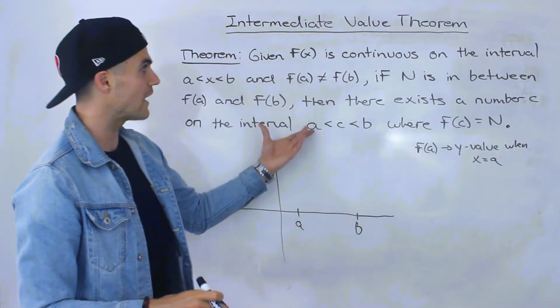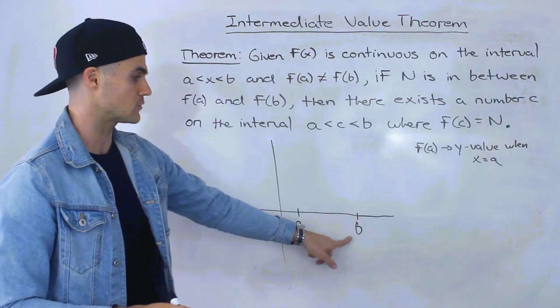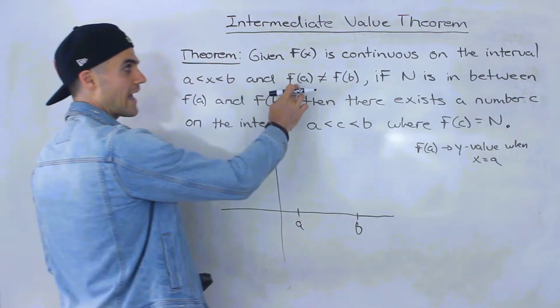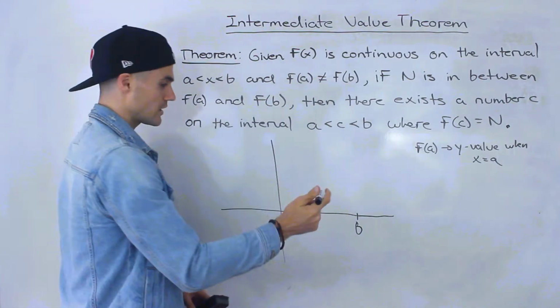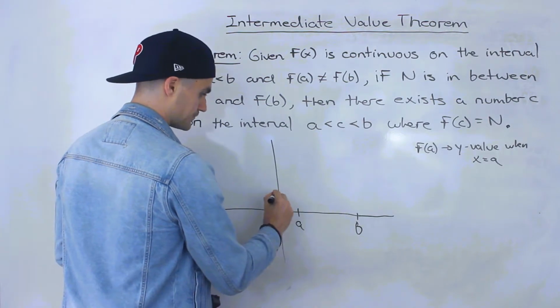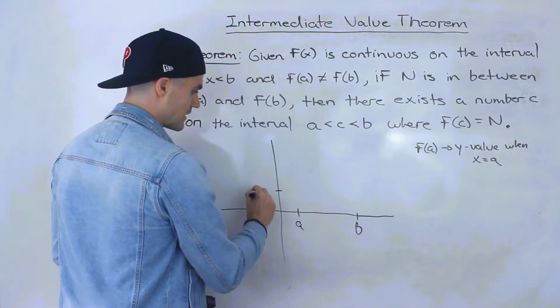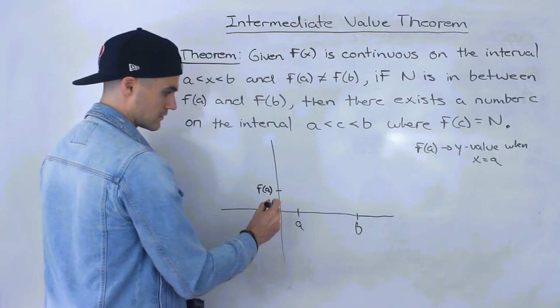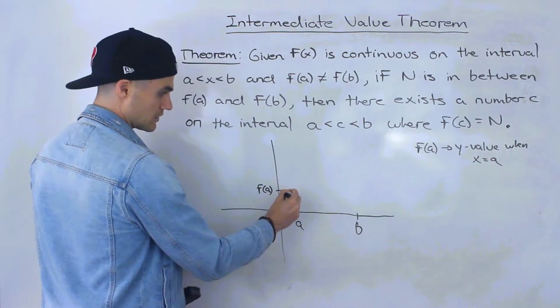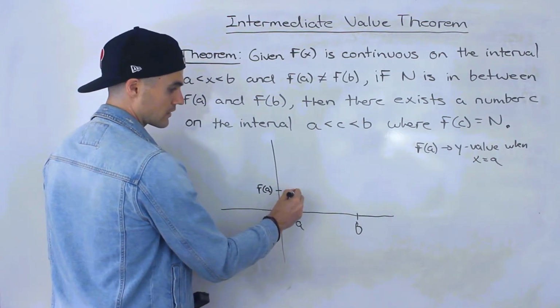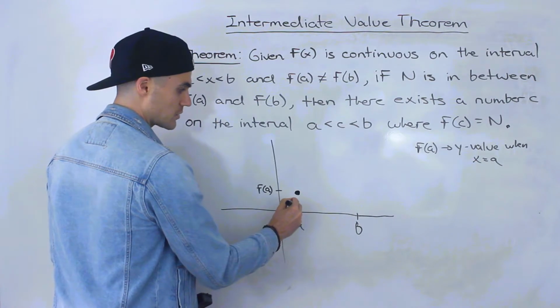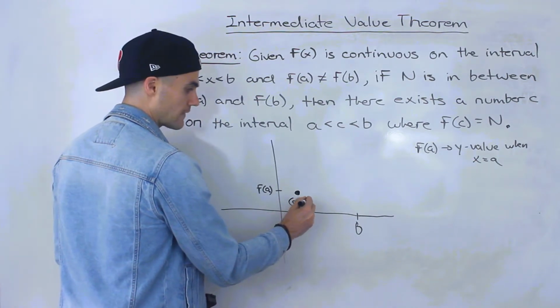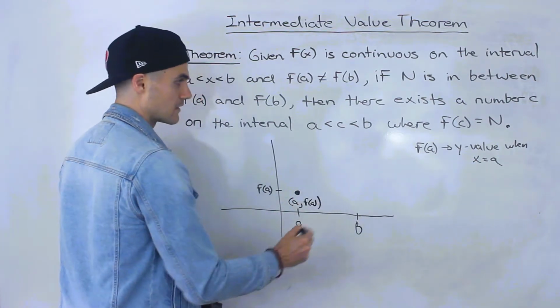It's basically the y value of this function when x is equal to b. And we're told that f of a, those two y values, are not equal. So let's say that f of a is over here. And so this function is going to have this coordinate. This coordinate here is going to be a, the x value, and then the y value, f of a.